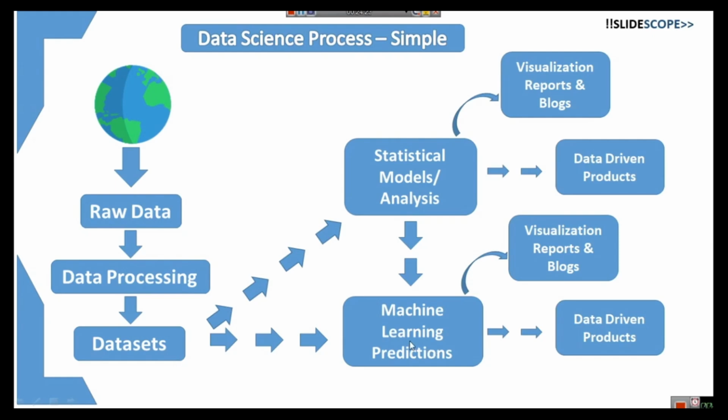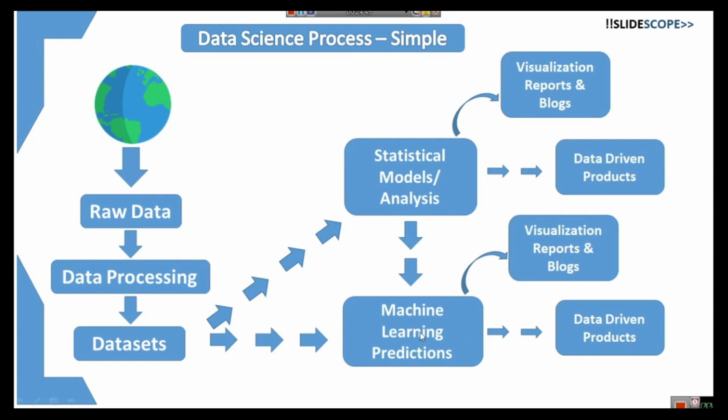So based on past interactions, based on data from the patterns, based on data from the regularities in data, and based on information from the input and output relationship of the data, machine learning predictions are done.